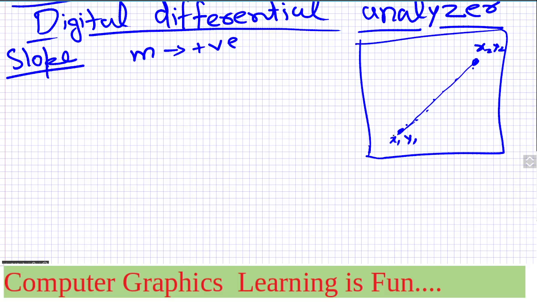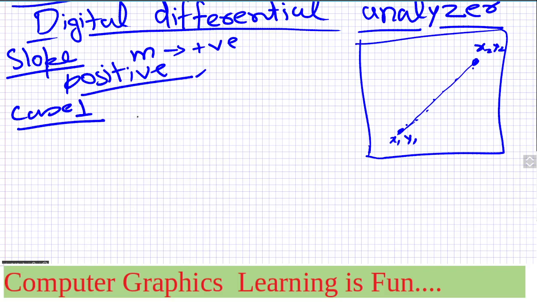Let us consider first of all the positive slope. If the slope is positive, then we will have two cases. Case 1: if the slope is less than or equal to 1.